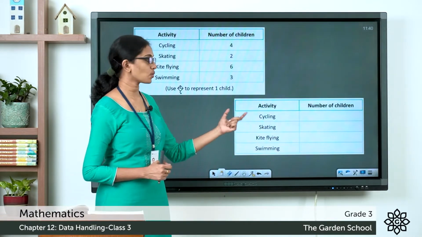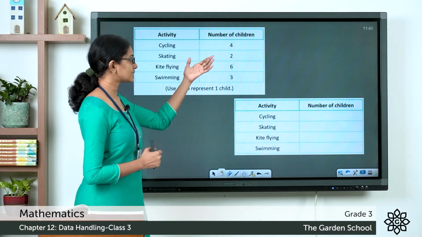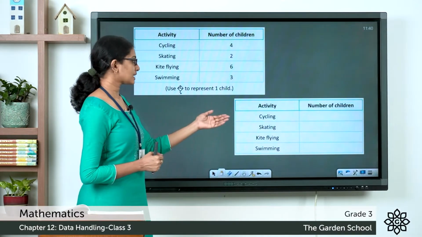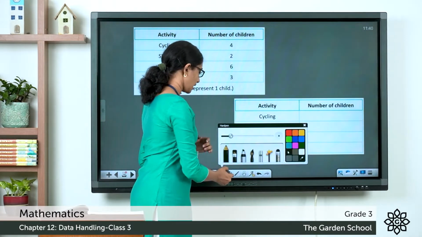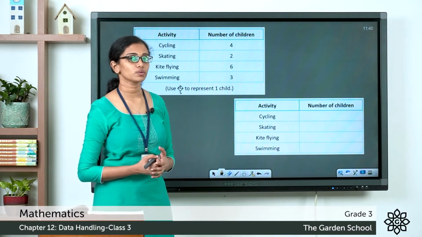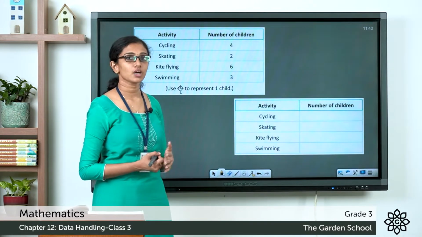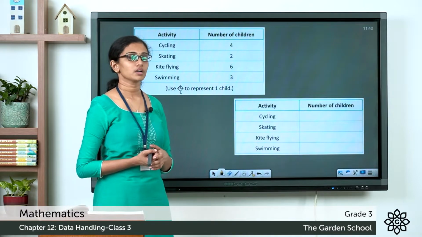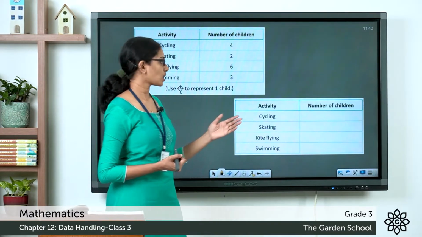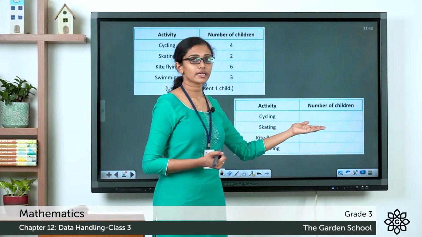Now the next step is to draw symbols corresponding to the data given to us. So cycling is the favorite activity of how many children? 4 children. And how many symbols should we draw there? In the question, we were asked to use one kite symbol to represent one child. So here there are 4 children. So how many kites should we draw here?